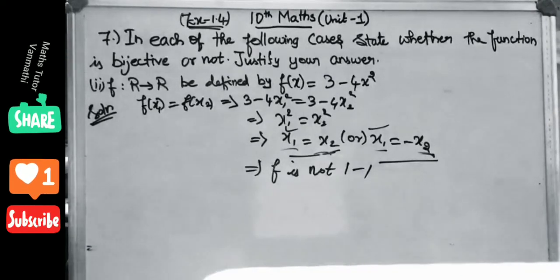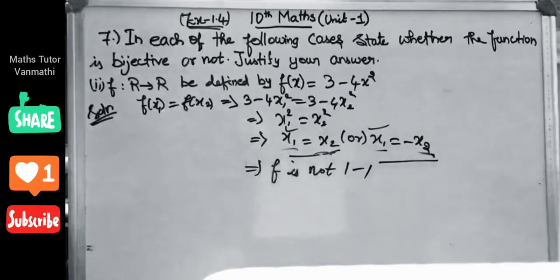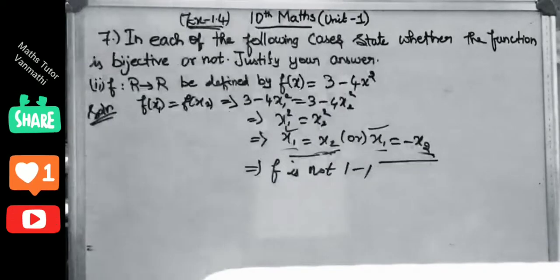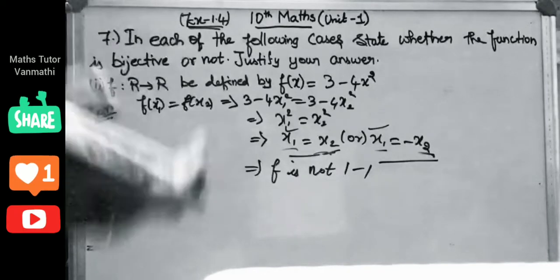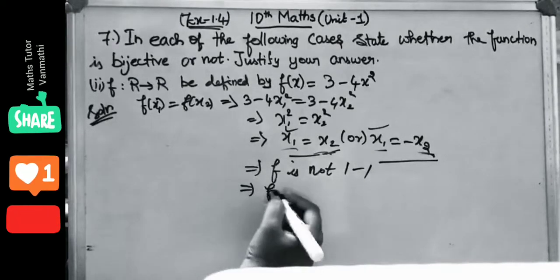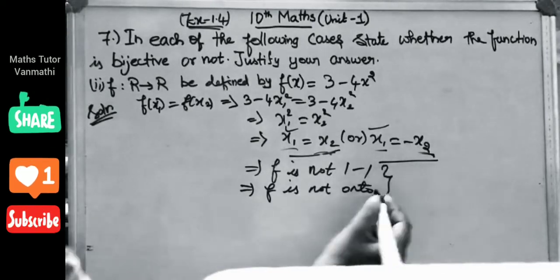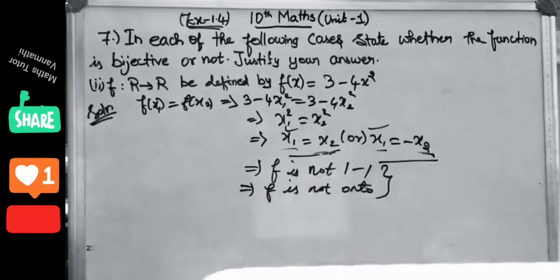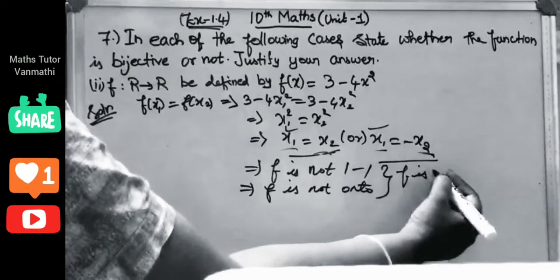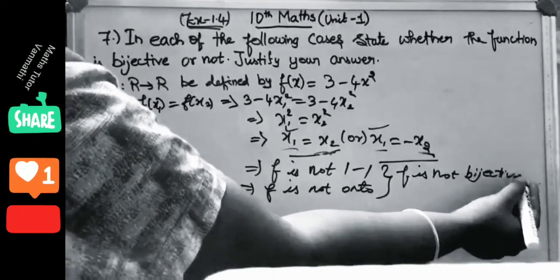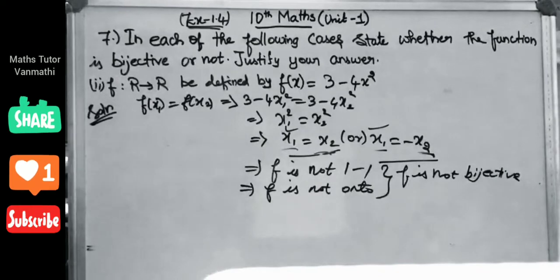To check the onto condition: if it is not one-to-one, then your range will also be different, that is, codomain and range will not be equal. From that we can say that f is not onto. If it is both not one-to-one and not onto, then we can say that f is not bijective. Clear? The first subdivision is here.